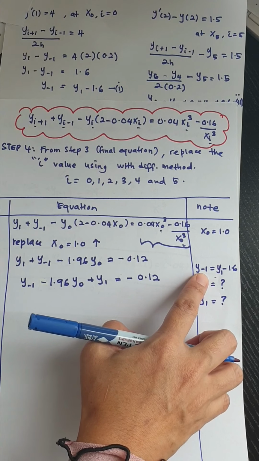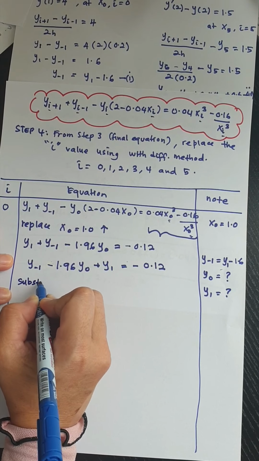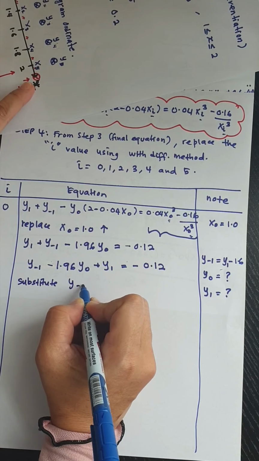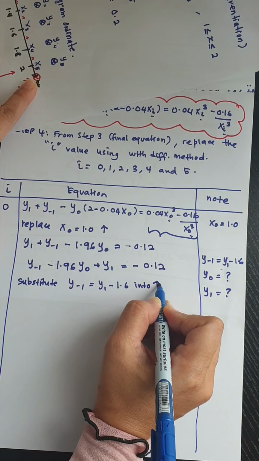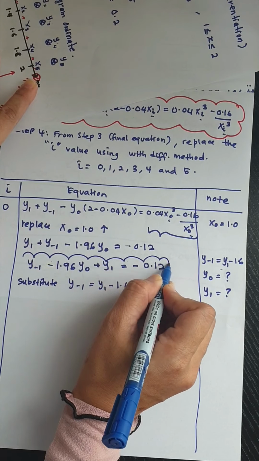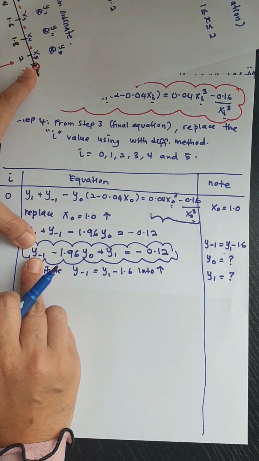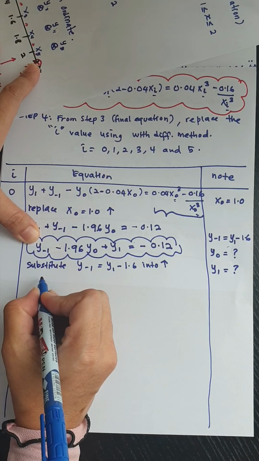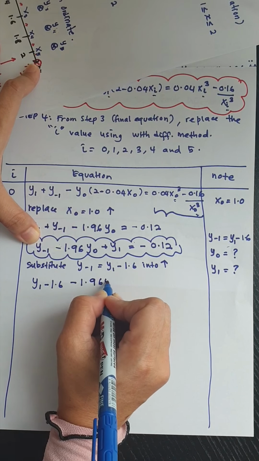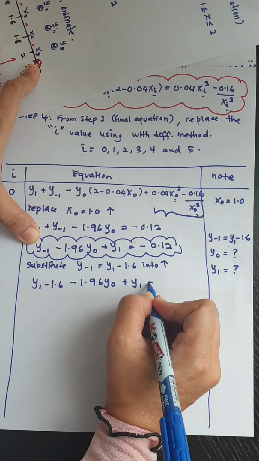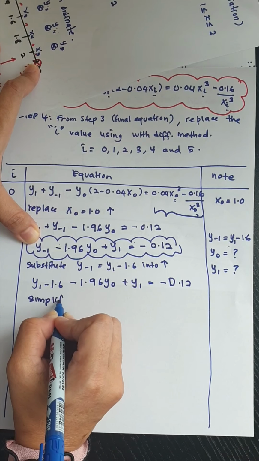Okay, so over here you know the value for y negative 1, so what you have to do is substitute y negative 1 equal to y1 minus 1.6 into the above equation. So substitute this y negative 1. It will be y1 minus 1.6 minus 1.96 y0 plus y1 equal to negative 0.12, and then simplify again.